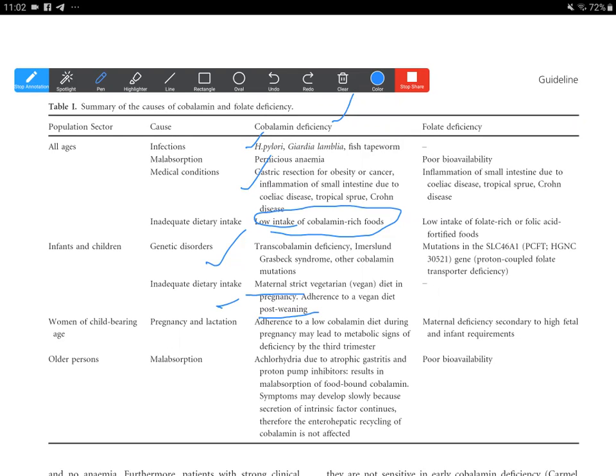This shows that if the stores are adequate, the deficiency sets in quite late, and it may take some years. If the mother was deficient, then of course the child would present very early.